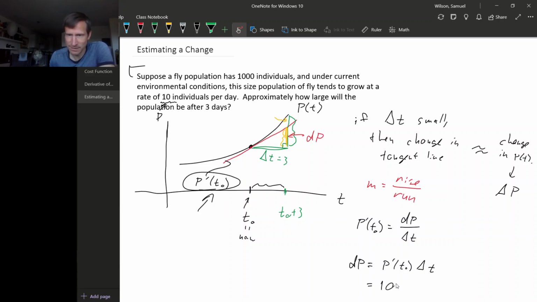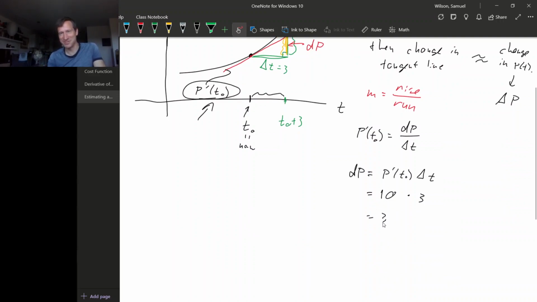And then delta t is 3. So what we get here is 30 individuals. And that's dp, but that's approximately the change in the population.